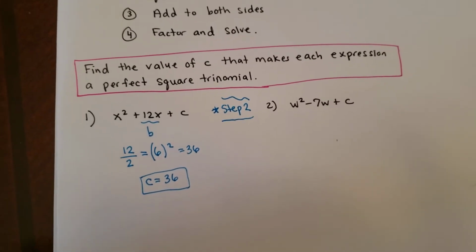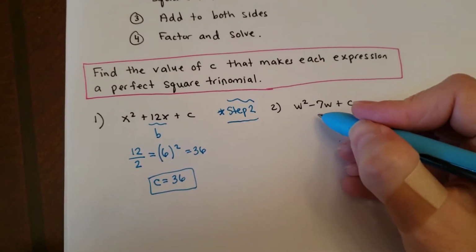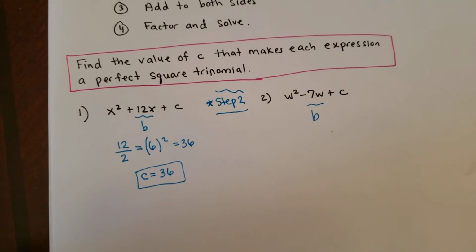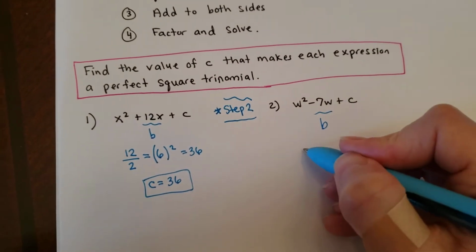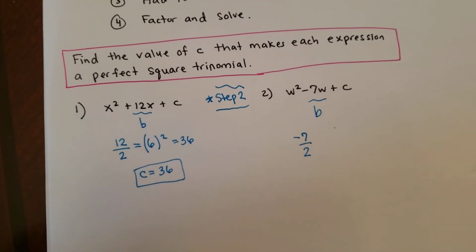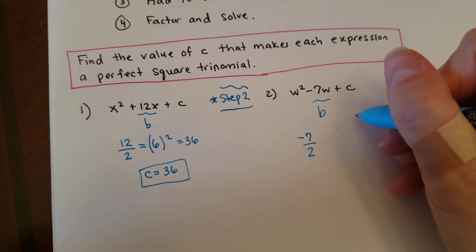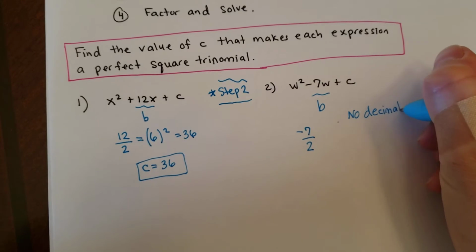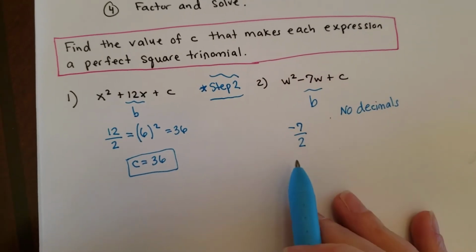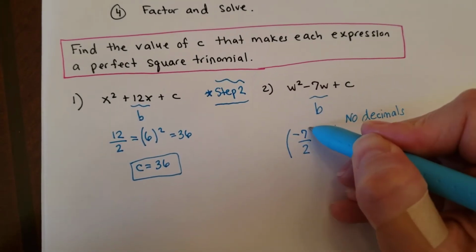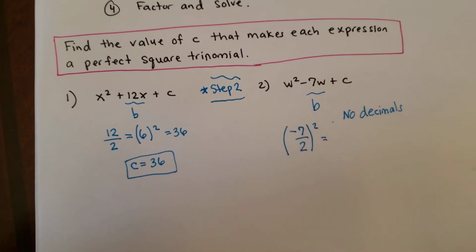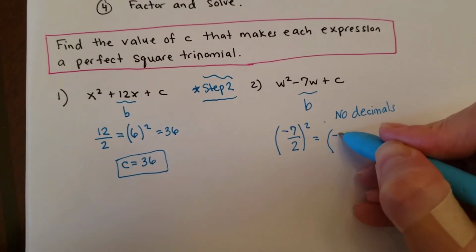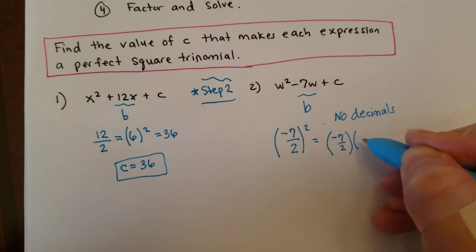So what makes this a little bit harder is the fact that 7 is not even, so when we go to cut it in half, it's not going to go in. But don't worry, don't do fractions, no decimals. So just leave it, since it doesn't reduce, and go straight to the next step, which is squaring. When you square it, you're basically writing the same thing and doing it twice.